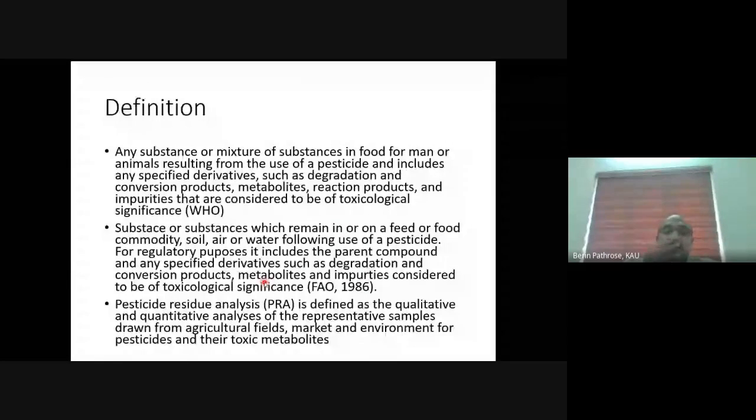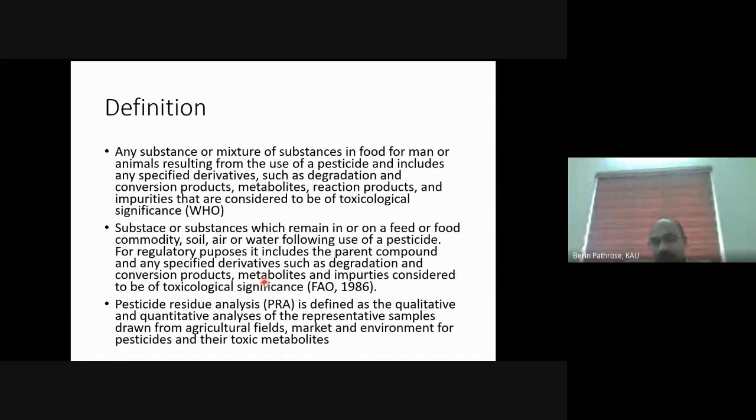Both DDT as well as DDE are toxic. DDE is a degradation product. Malathion to malaoxon is a conversion product or a metabolite. So, whatever the parent compound is, we have to measure it, its degradation product, metabolite, or conversion product, or sometimes some pesticide formulation may have some impurities which have toxicological significance.